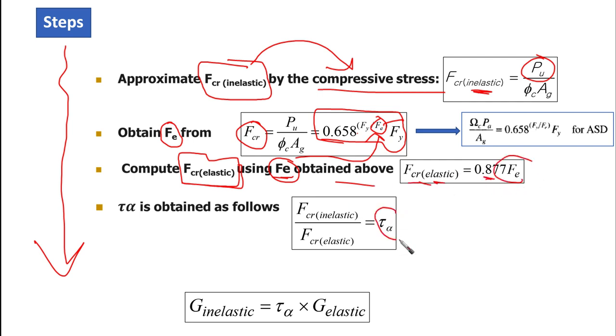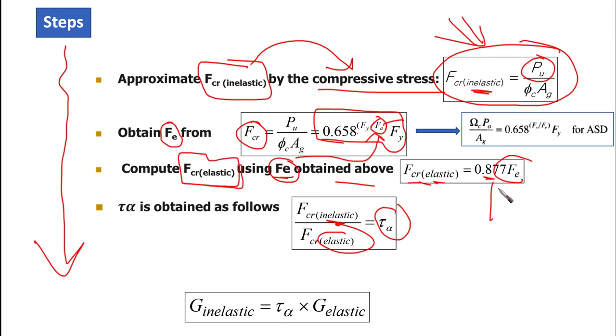Then our tau alpha, or tau a, is going to be Fcr inelastic, that we already assumed from the beginning based on the required strength, over Fcr elastic, which is already calculated. Then at the end, G inelastic is going to equal tau alpha times G elastic.